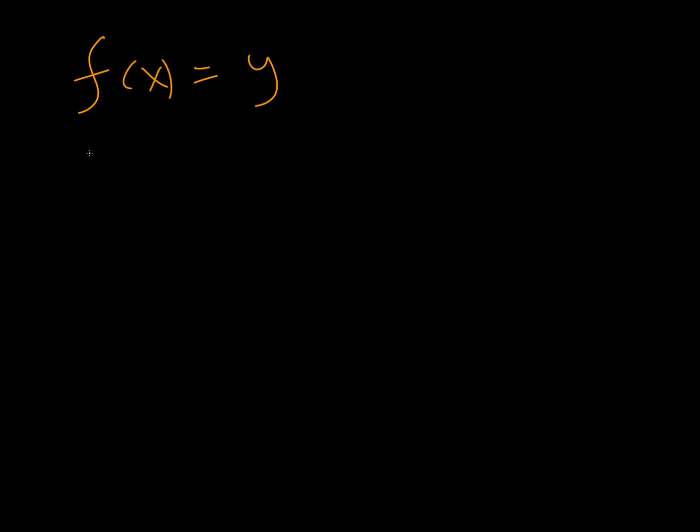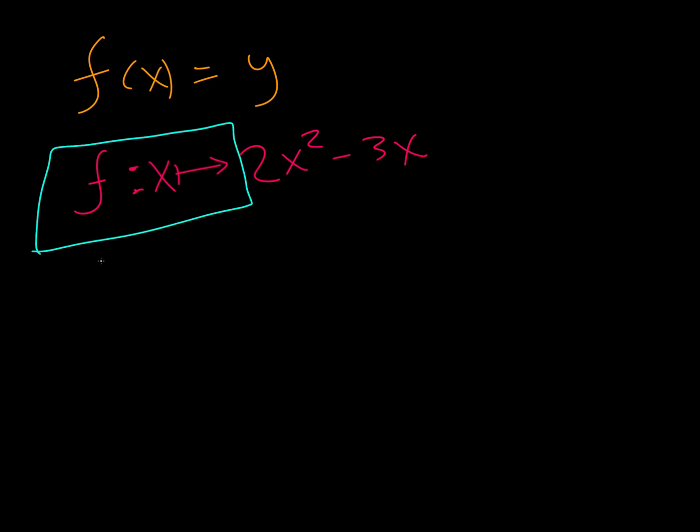Now, your book uses kind of a really strange notation. Try not to get freaked out by it. So it looks like this. Now, all this weird notation means this entire piece right here is just f of x equals, and then you just have your function.